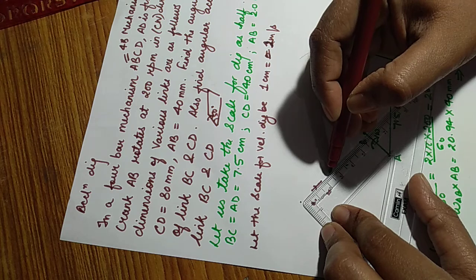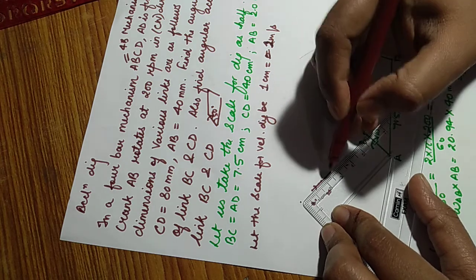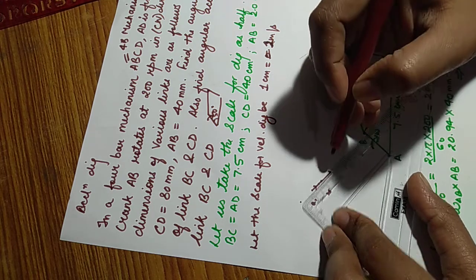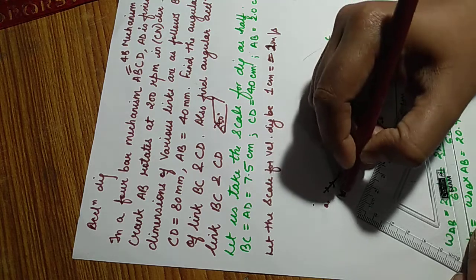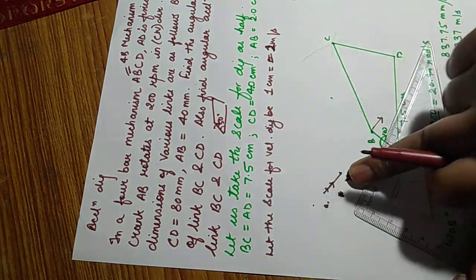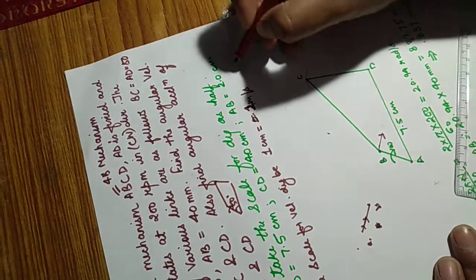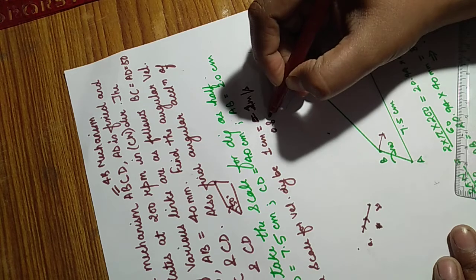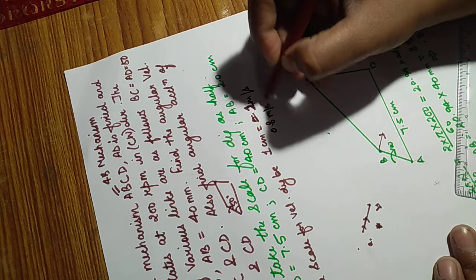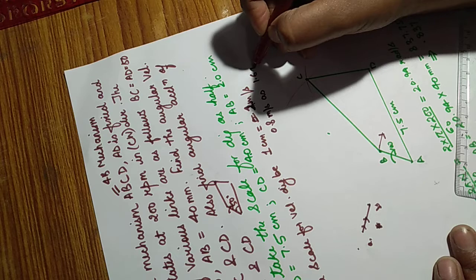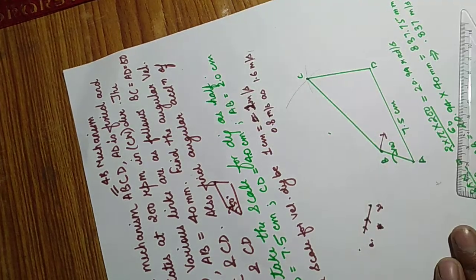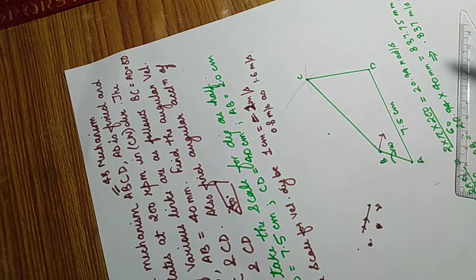So this is 1.6, yes, this figure is right. Let us make this much. So this is small point b, this is AB. We are taking 0.8 meter per second as 1.6 meter per second. We are doubling the entire scale. Earlier I had halved it, this time I doubled it.